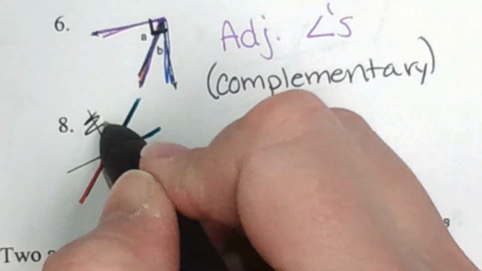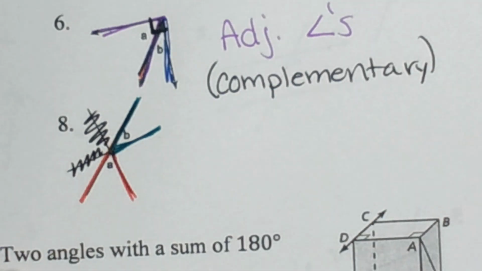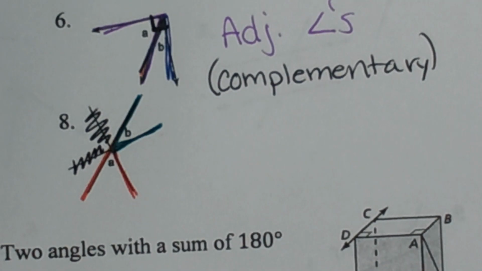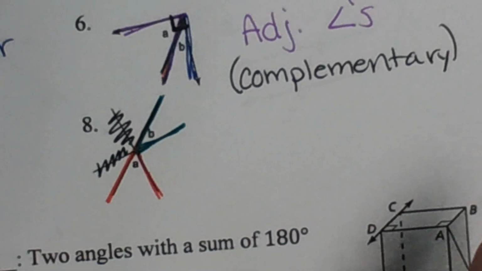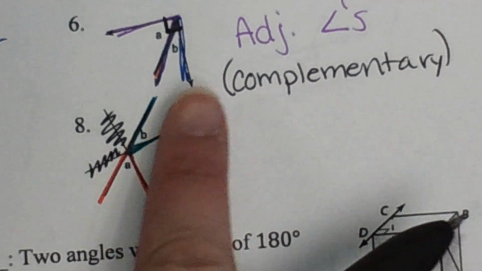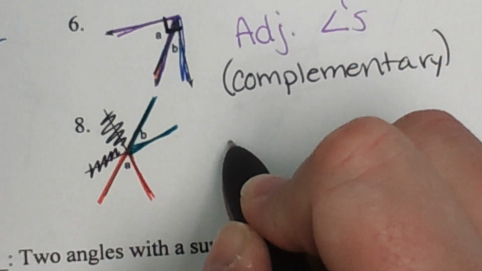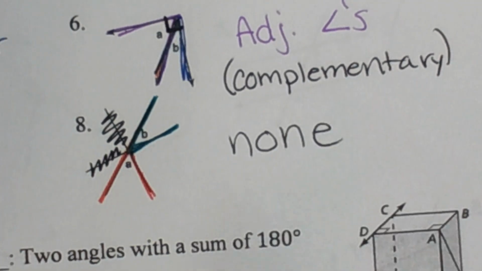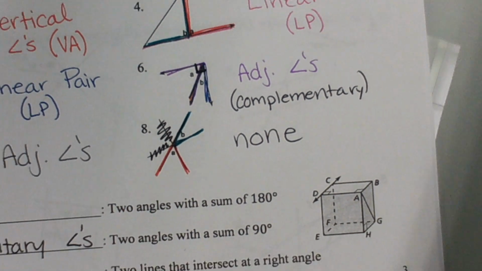These are extra information. It kind of forms a K. So this is not adjacent, which makes it not a linear pair, and since it's not an X, it's not vertical angles. This is that situation where they have no relationship. It's none of the above.